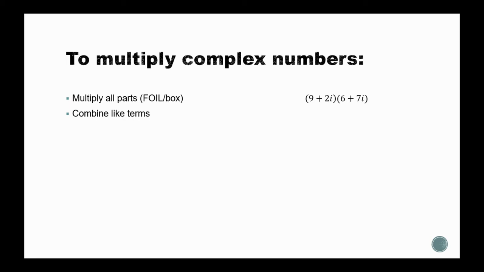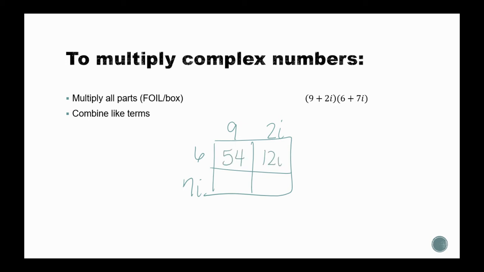Multiplying. We're going to multiply this out and then combine like terms. Now, I really strongly suggest you use the box when doing this. Here's why. So when you multiply 9 plus 2i times 6 plus 7i, we're going to multiply out all the pieces.